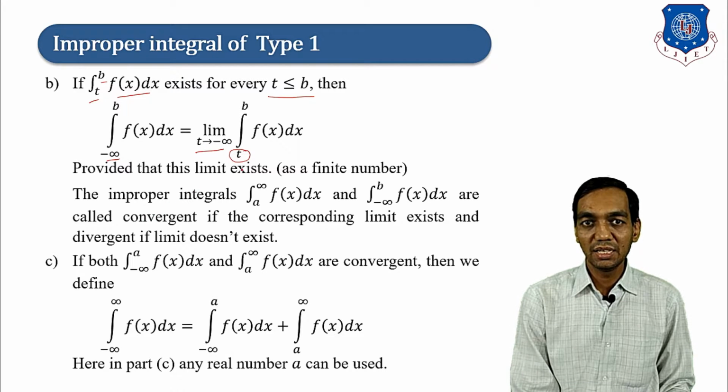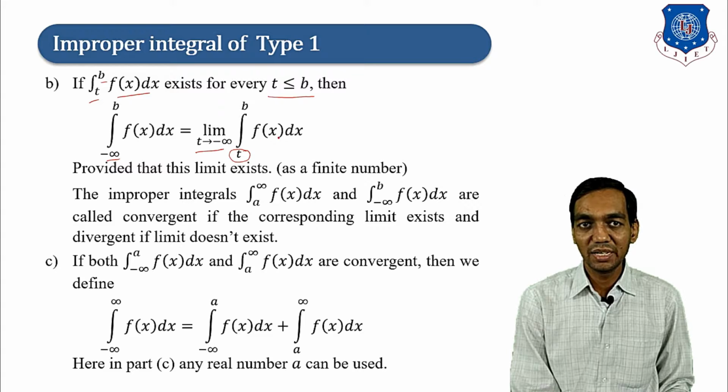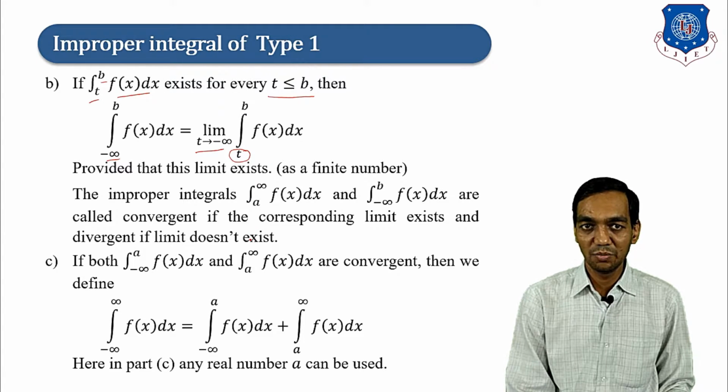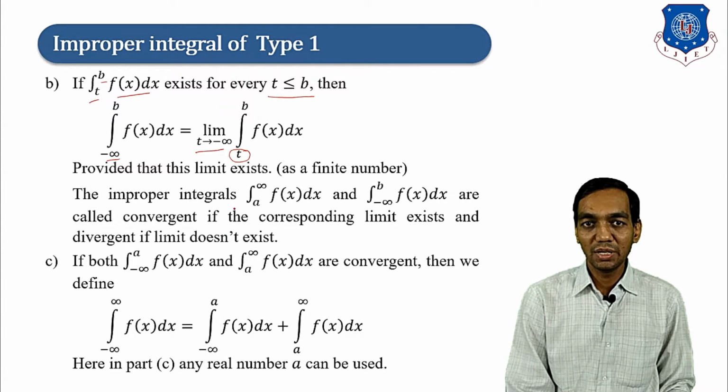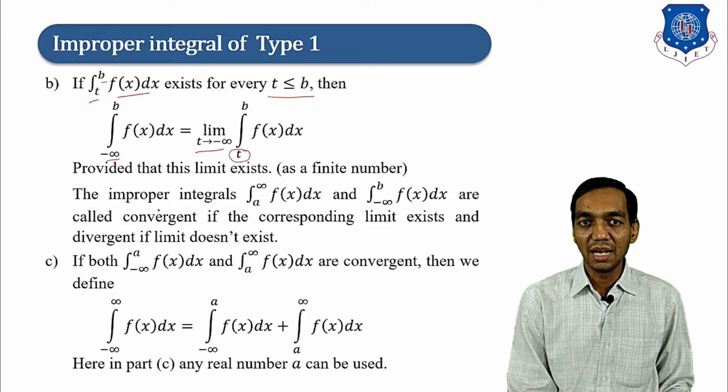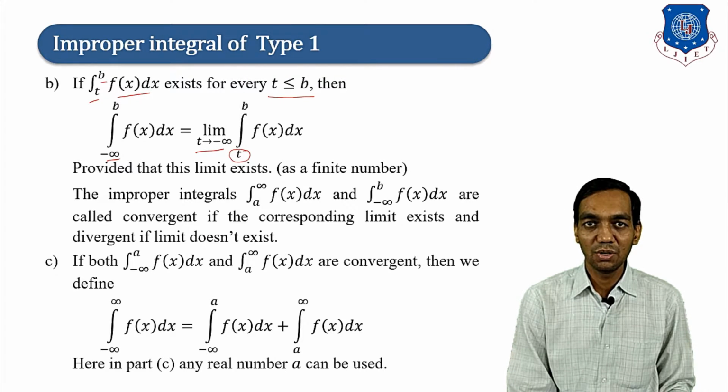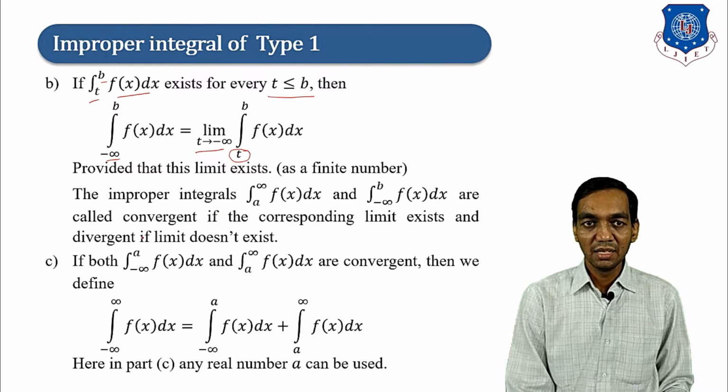Okay, so the integration is written in this form, provided that this limit exists and is a finite number. Okay, the improper integrals a to infinity f(x) dx and minus infinity to b f(x) dx are convergent if the corresponding limit exists and has a finite value. Okay, if the limit does not exist, then we are going to say it is divergent.